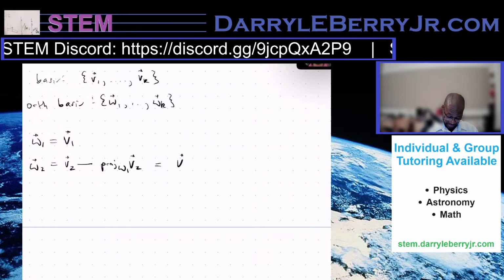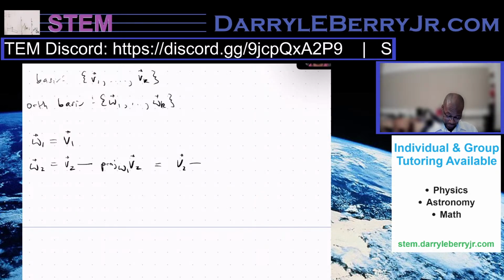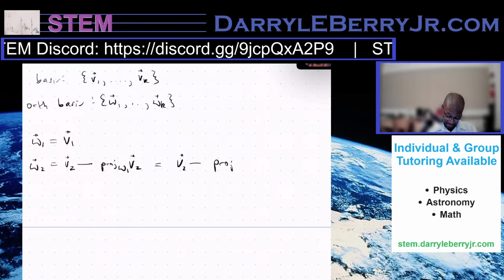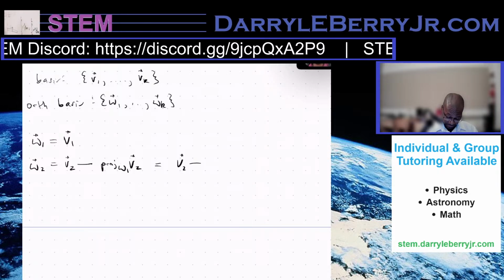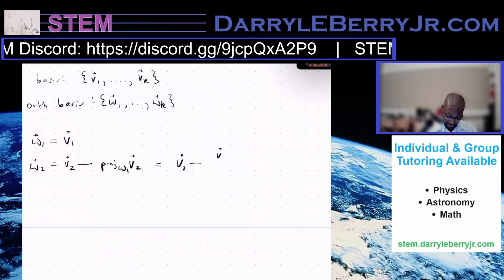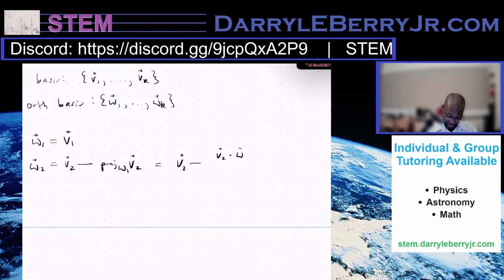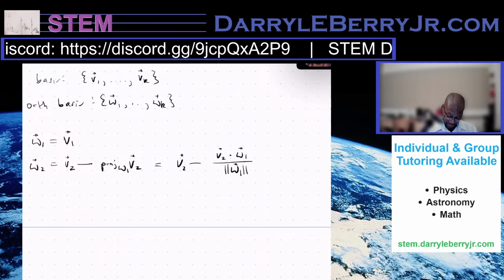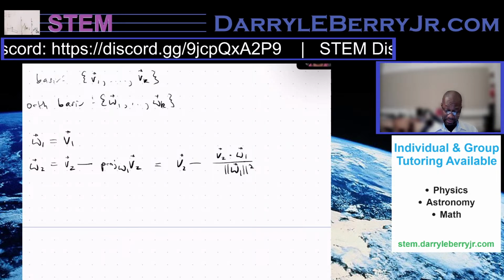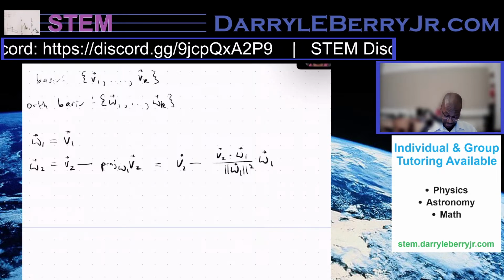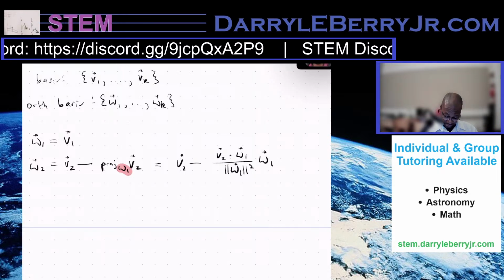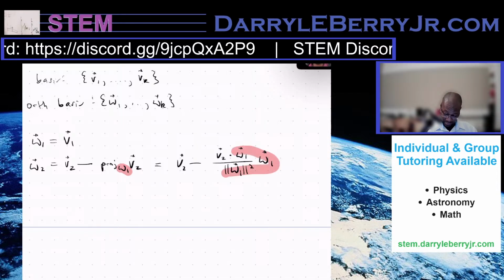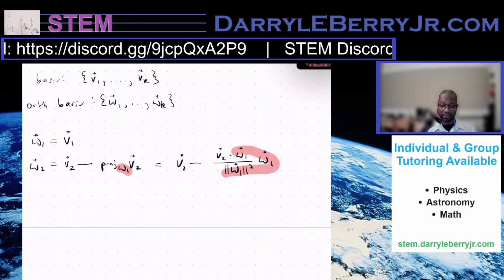So I do remember this from one of the classes. So that's projection. So that's going to be V2 dot W1 over the magnitude of W1 squared, times W1. So whichever one is being projected onto has everything like that except for the one.